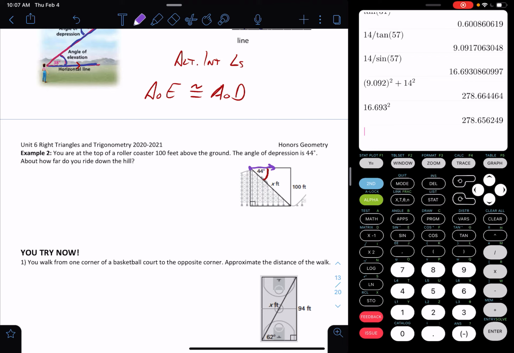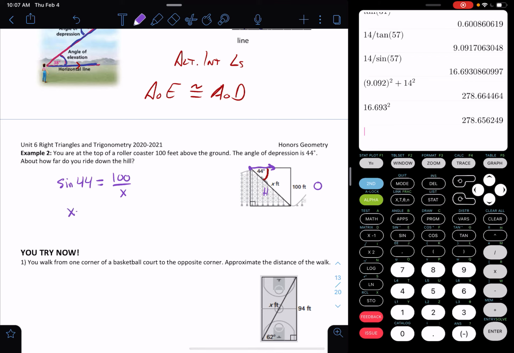The 100 to that is the opposite. The x to this is the hypotenuse. So we've got sine with that opposite and hypotenuse. So sine of 44 equals opposite 100 over hypotenuse x. So our variable is in the denominator. So we got to multiply both sides by x.